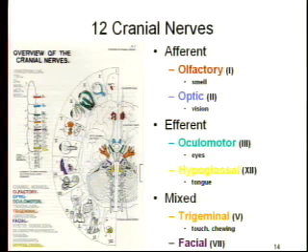The trigeminal nerve, cranial nerve 5, is involved with the sense of touch around the face, and that's its afferent function, its sensory function. Its motor function, its efferent function, has to do with chewing. So the trigeminal nerve runs down here and mediates a lot of all of that.